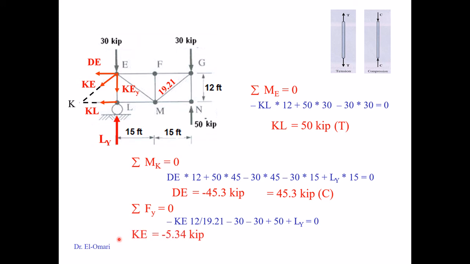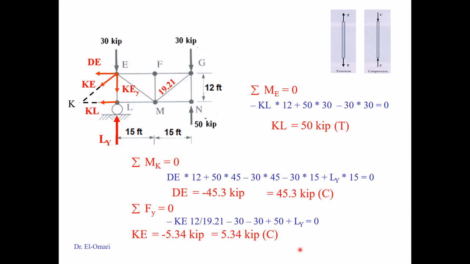And then you just find the Ke, that remember Ke is negative 534. Again, negative means this is the wrong assumption. It has to be directed towards the joint. Towards the joint means compression.